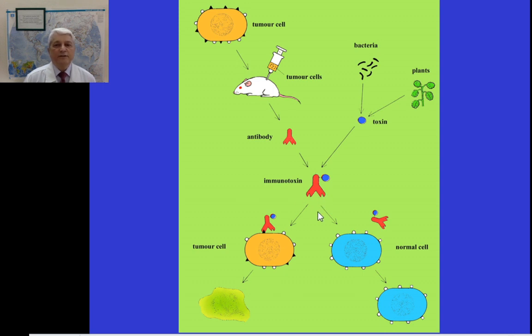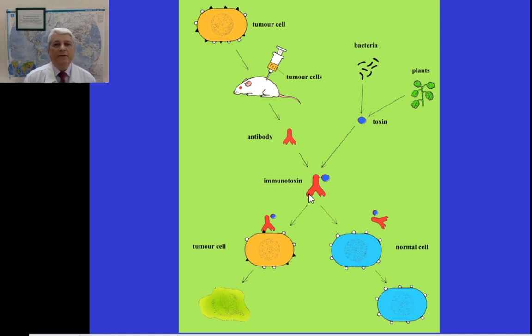Then we inject this immunotoxin to the body of the patient. If a normal cell will be on the way of this immunotoxin, there will be no interaction because there are no these black pathological antigens on the surface of normal cell, and normal cell will survive.